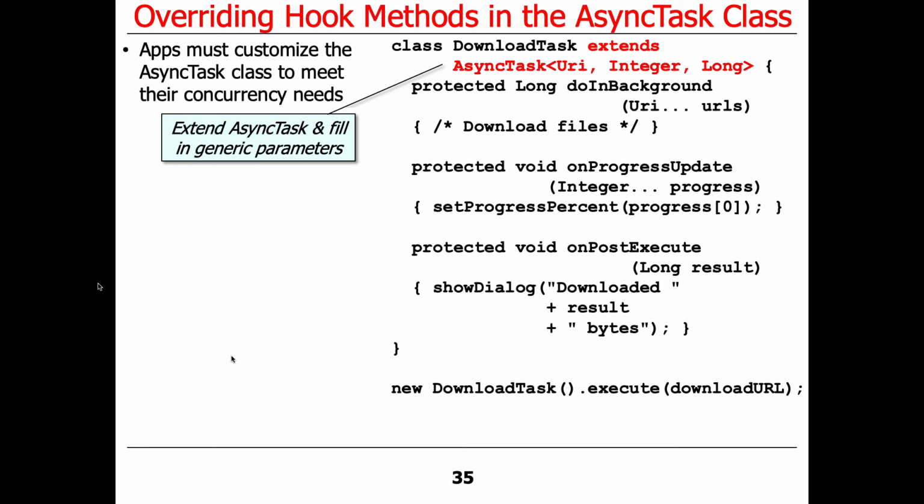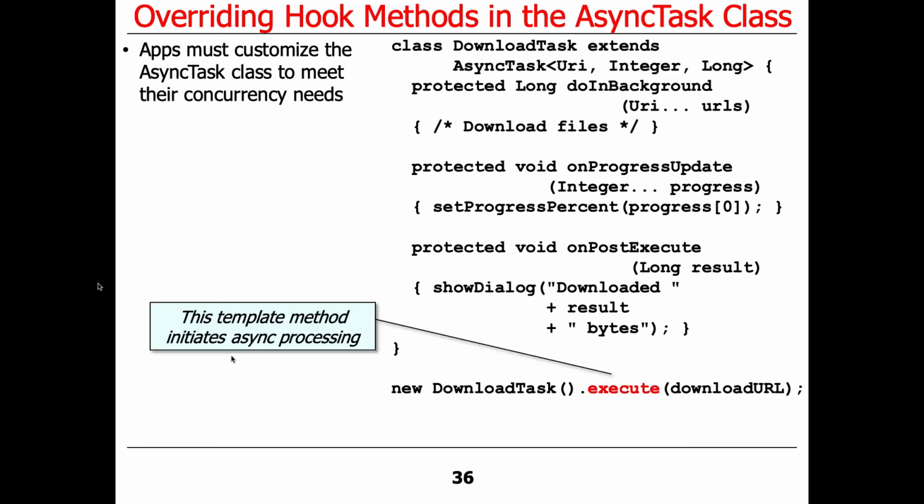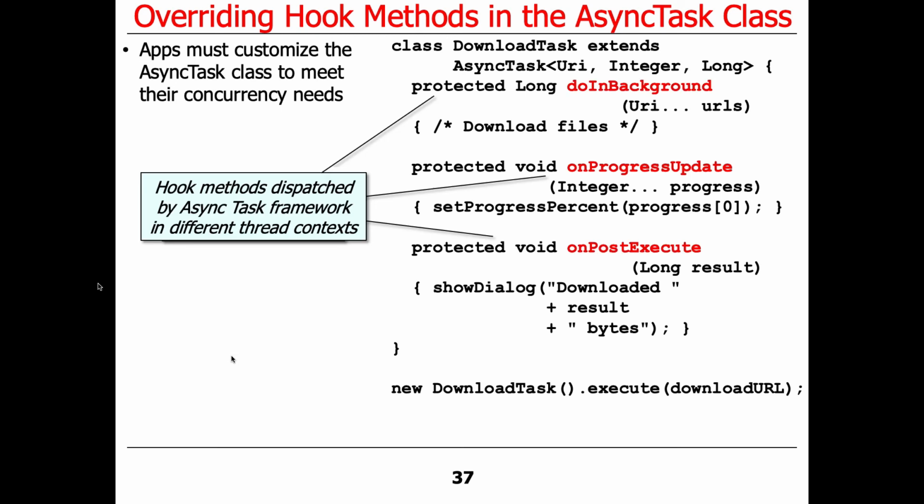So here's how this is going to work. When we execute an instance of download task, passing in a download URL, so that's the URI that we have up here, that is going to end up calling doInBackground with that URI, and it'll go ahead and download the file. Then, as we're downloading, we could have the doInBackground method periodically call OnProgressUpdate, indicating we're 10% done, we're 20% done, we're 30% done, and so on.